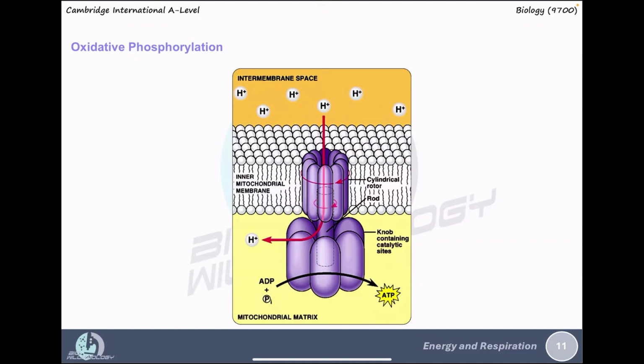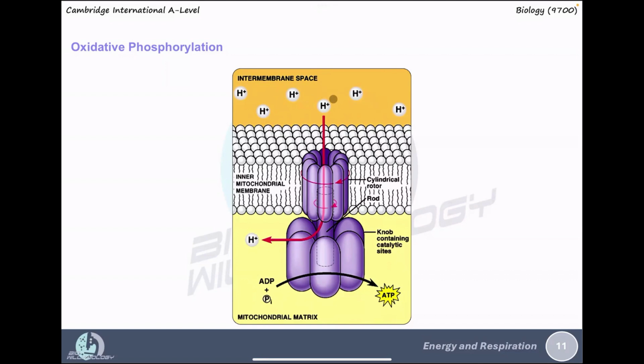During this oxidative phosphorylation, due to a series of reactions, there will be accumulation of hydrogen ions, or protons, at the intermembrane space here. Therefore, there is a high concentration of protons in the intermembrane space and a low concentration of protons in the mitochondrial matrix. So a steep proton gradient, or electrochemical gradient, is generated.